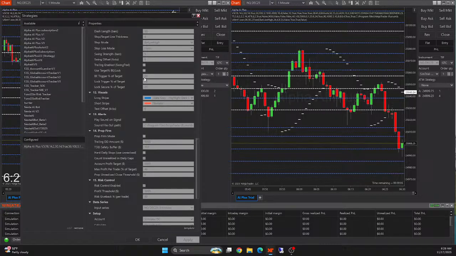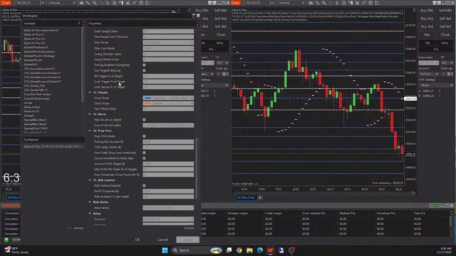If you make this 50%, the stop loss will move to break even. And also we can set a lock trigger percentage of the target. Like let's say when the market moves in our favor 75% of the target, we secure this profit, and also lock in the target.